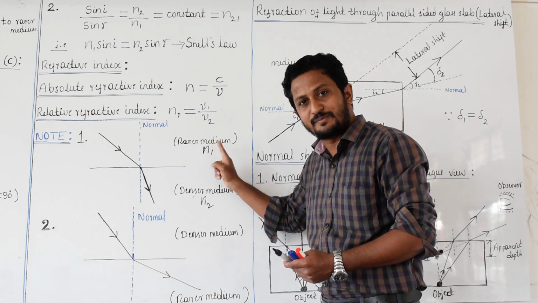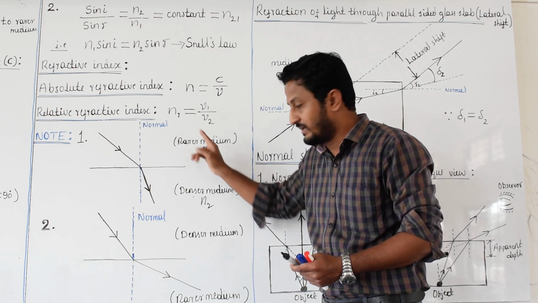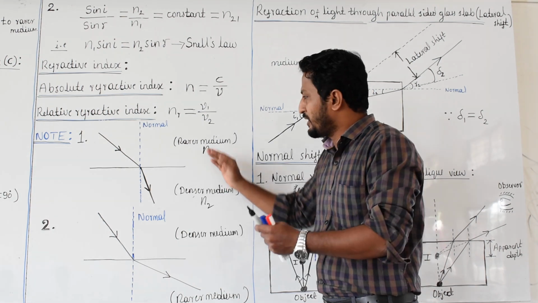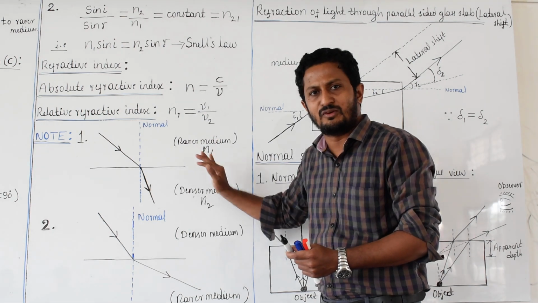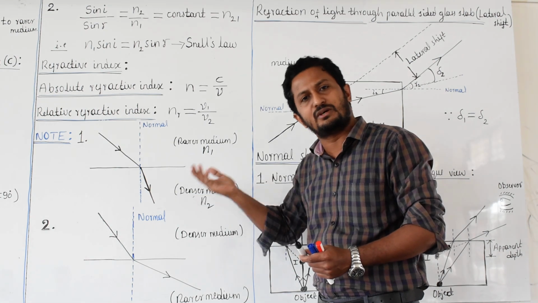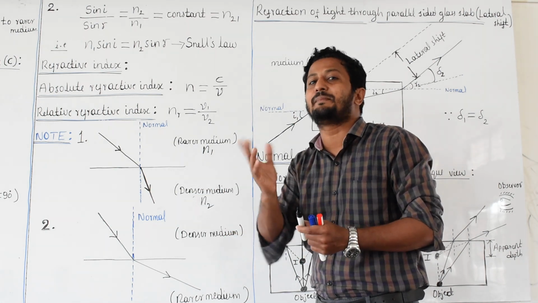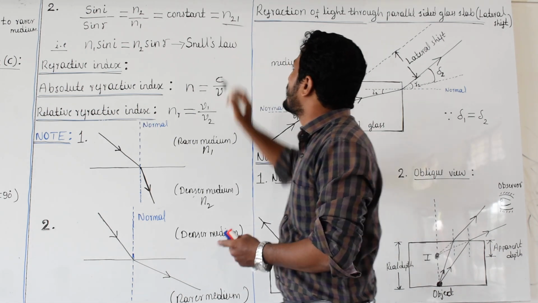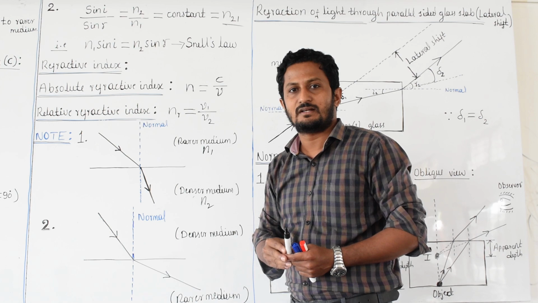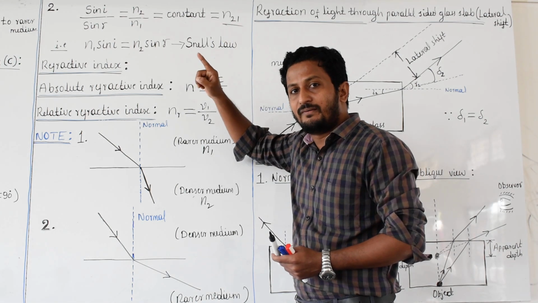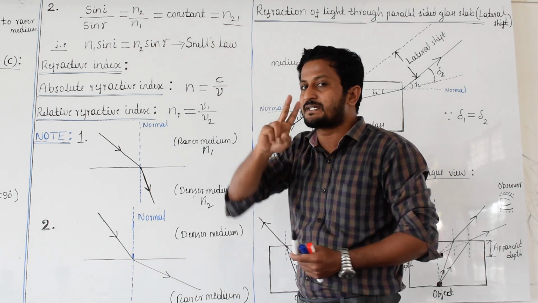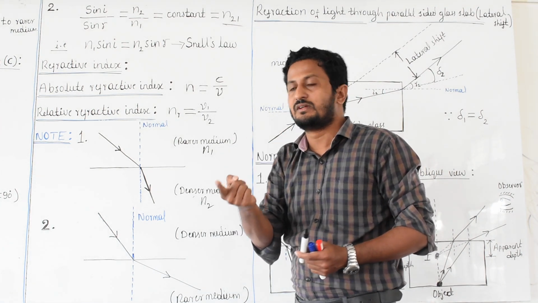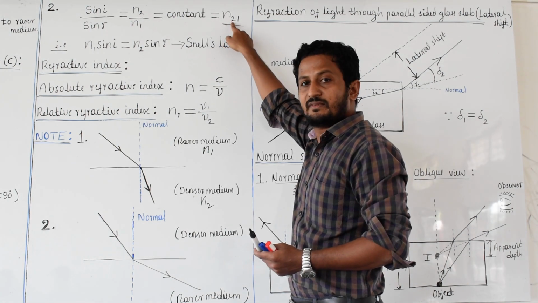Getting it? n1 is the speed of light in the first medium, n2 is the speed of light in the second medium. So now individually you observed n1 belongs to the first medium, n2 belongs to the second medium. When you go with comparison you may write like this: n21. You see here those subscripts, there you will be getting 2-1 or 1-2. Focus on the first one, that is 2.